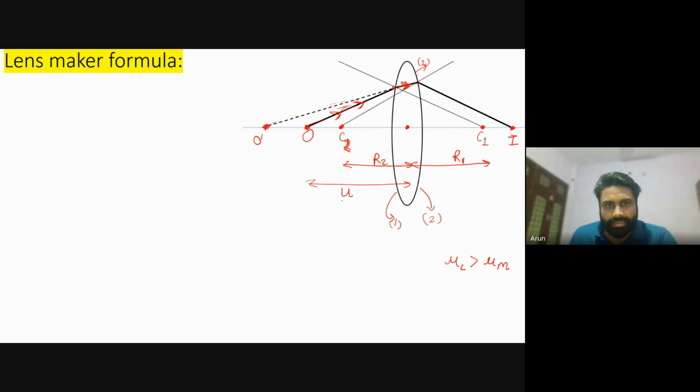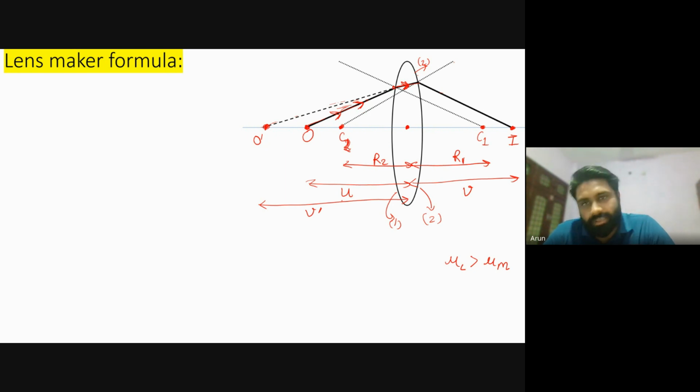The distance from O dash to the optical center is v dash, and the distance of the image from the optical center is v. Here we are applying the formula for spherical refracting surfaces, which we have learned.